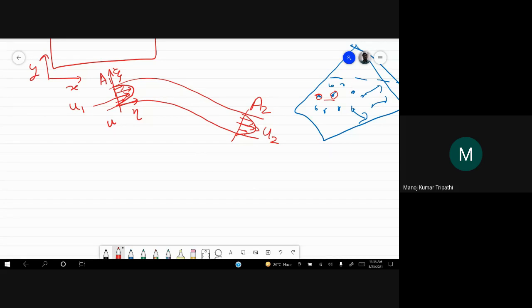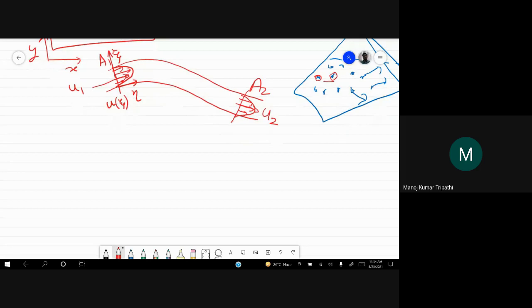And the velocity will be a function of this vertical coordinate, u as a function of zeta. So here you can integrate this velocity and you can find the average velocity, or you can find the total volume flow rate through the first section.